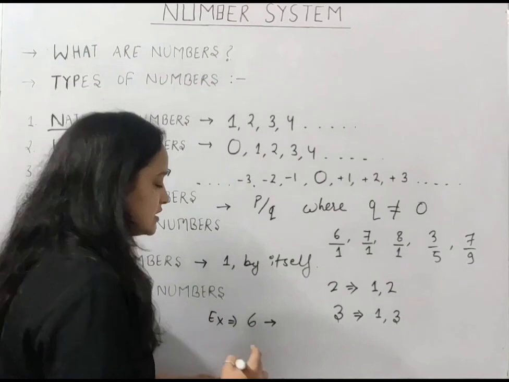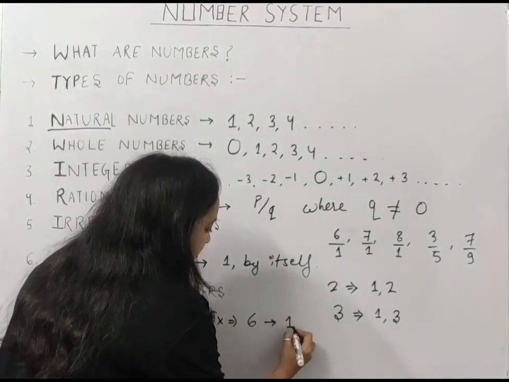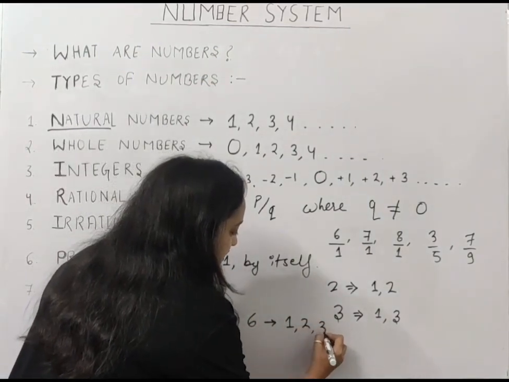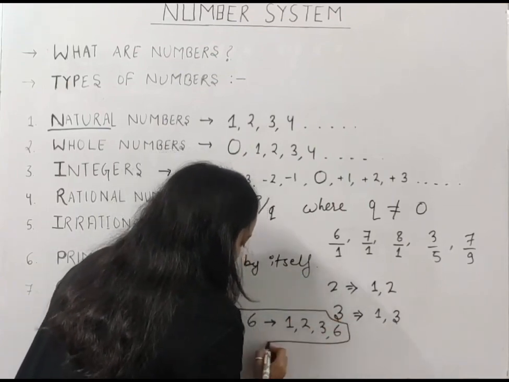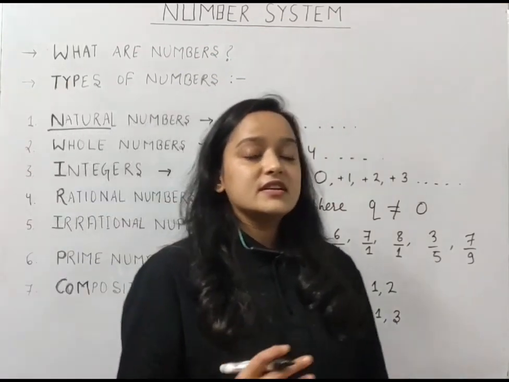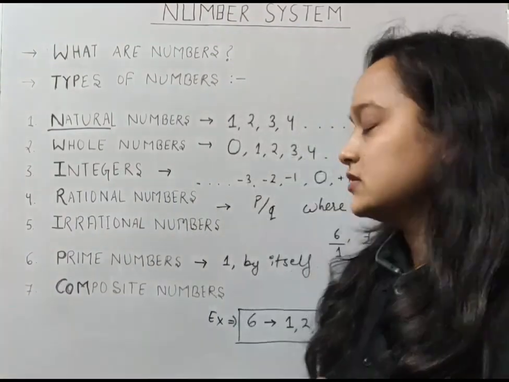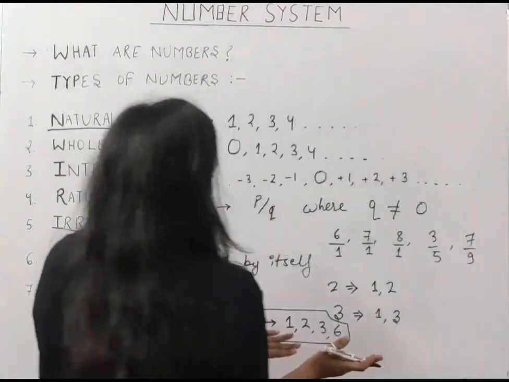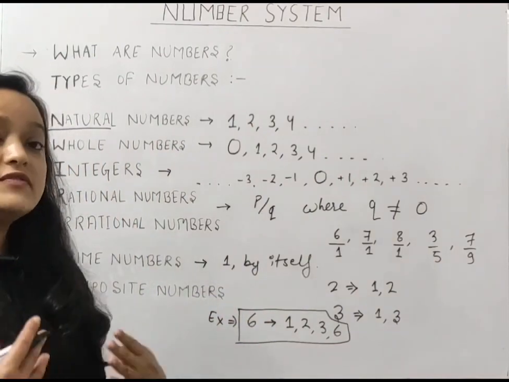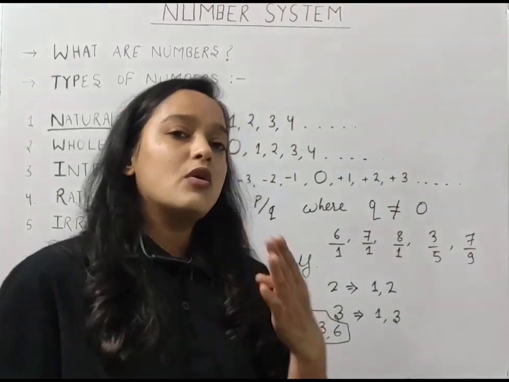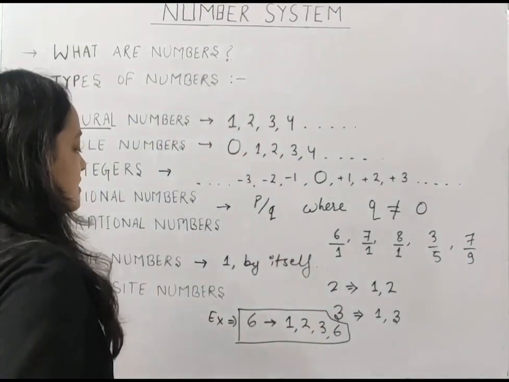Write the factors of 6. So 6 has factors 1, 2, 3 and 6. How many factors does 6 have? 6 has 4 factors. So these 4 factors make 6 a composite number. So those numbers which have more than 2 factors are called composite numbers.